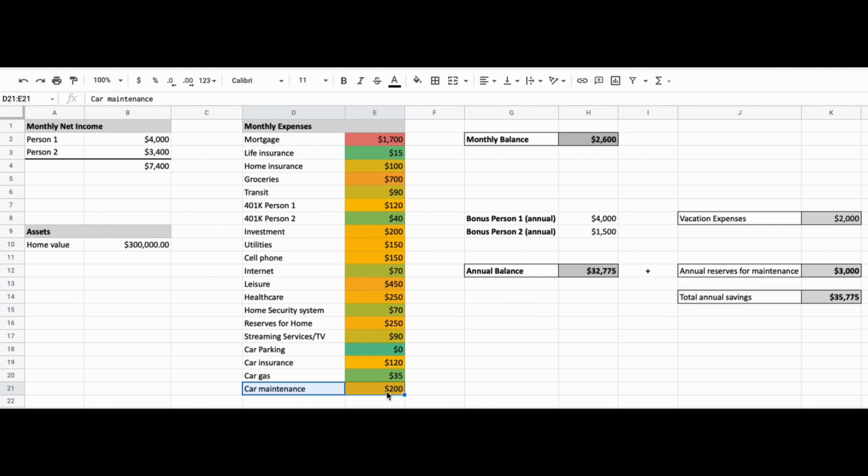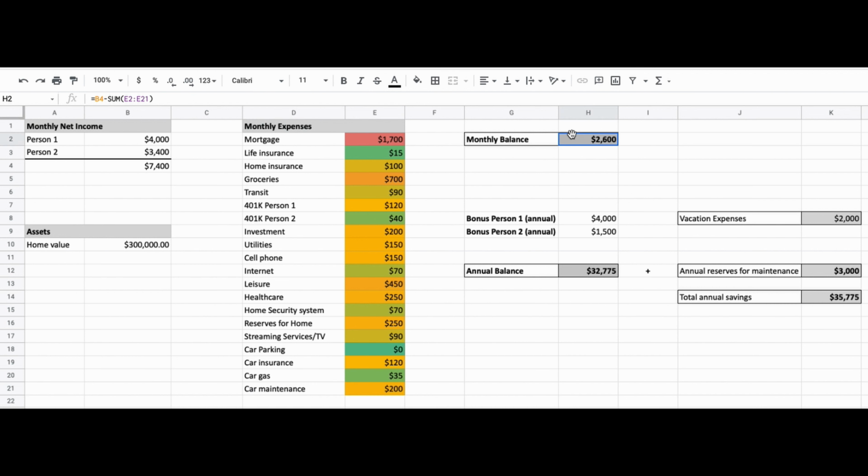That means any oil changes, air filters and the like, some potential repairs depending on the age of your car, especially if it's not under warranty, change of tires and things like that. So I used 200, thinking about potentially $2,400 a year for car maintenance, but your situation may be different. So if that's the case, just include the number that works best for your individual situation.